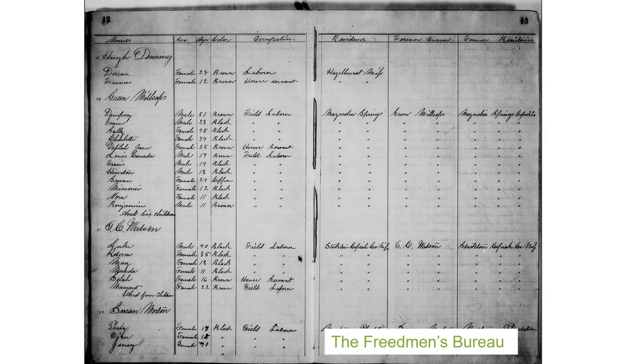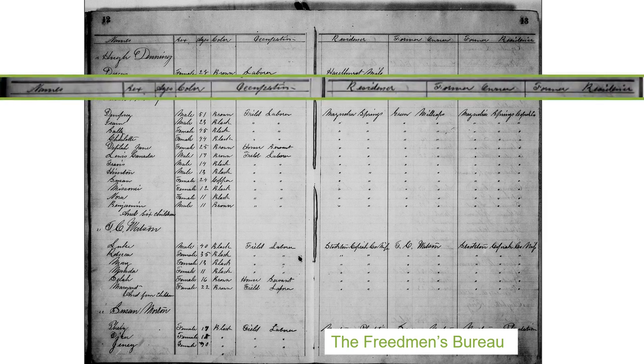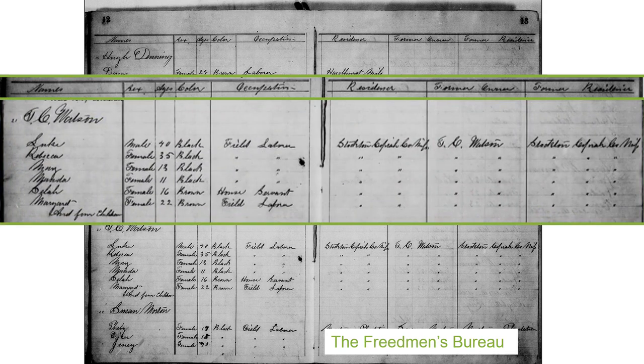Here is another record from the Freedmen's Bureau, a register of formerly enslaved persons. They are listed by the name of the enslaver and list the individual's name, sex, color, occupation, residence, former owner, and former residence. For instance, this document shows the people who had been enslaved by T.C. Watson: Luke, Rebecca, May, Manda, Selah, and Margaret with her 4 children.